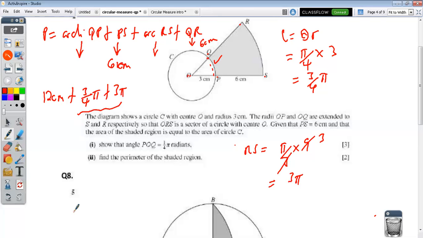As an improper fraction, 3 times 4 is 12, plus 3, that's 15 over 4. So you're saying 12 plus 15 over 4 pi. If you want to leave it in that way, then okay.